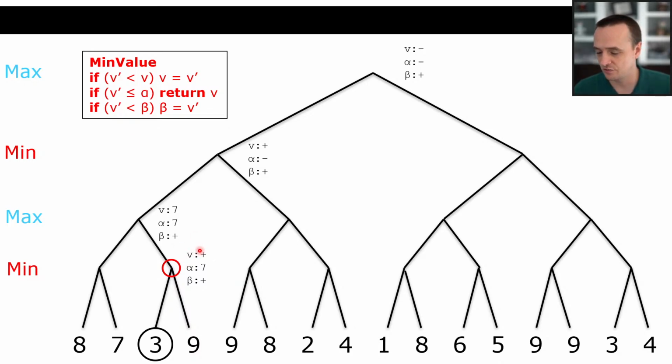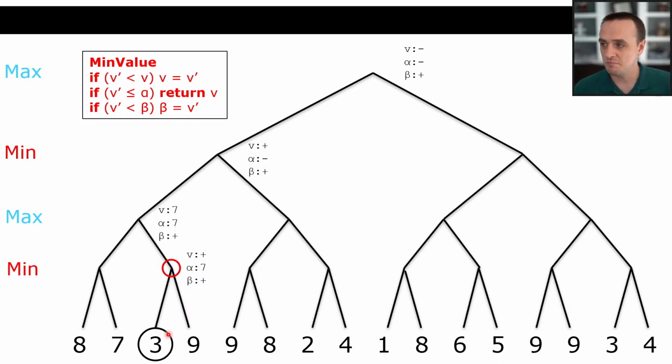And so we're going to set this v equal to 3. Is v prime less than or equal to alpha? If so, just return v. So look at this. 3 is less than alpha, which is 7. So what this means is, essentially, at some point higher in the tree, namely right here, this node knows that the value it's going to get is going to be at least 7.